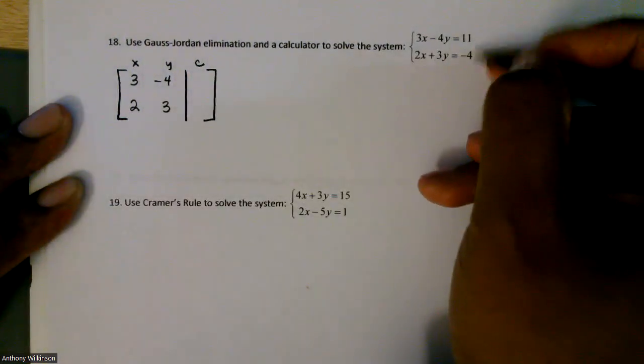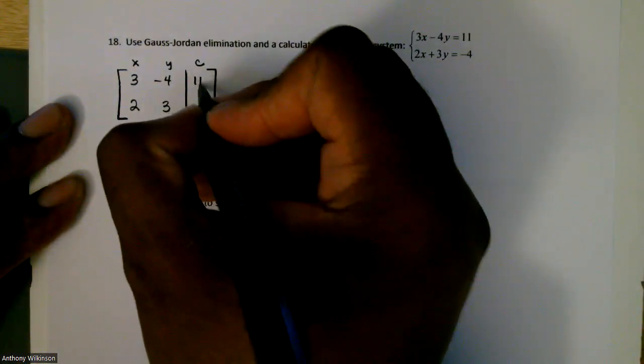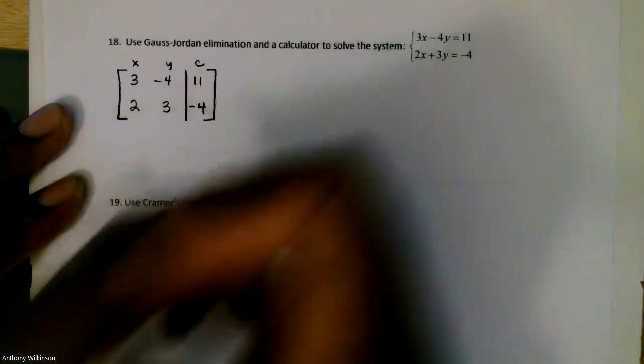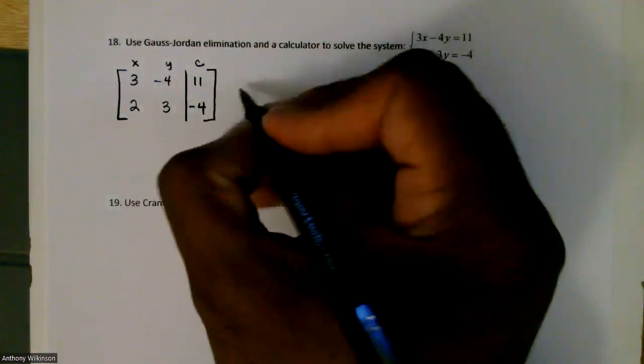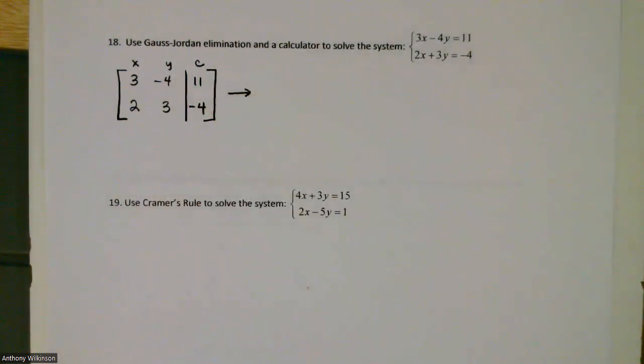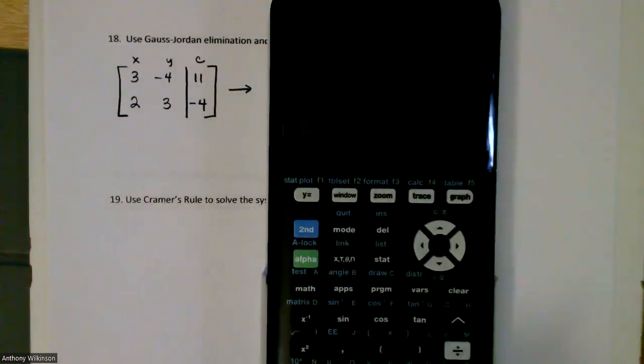And then the constant terms will be 11, -4. Now, next will be to come up with the output using your graphing calculator.